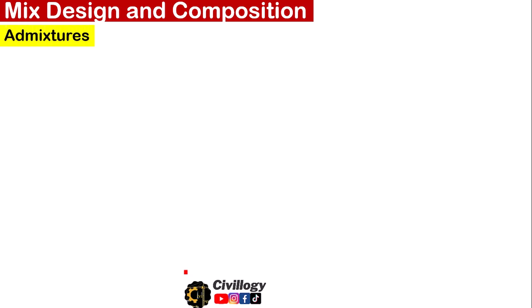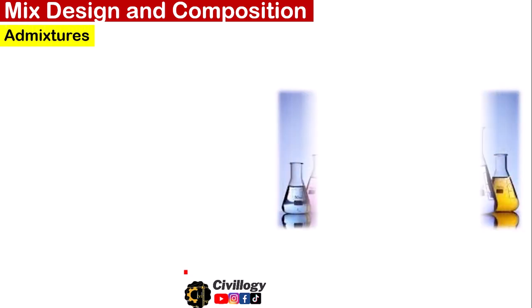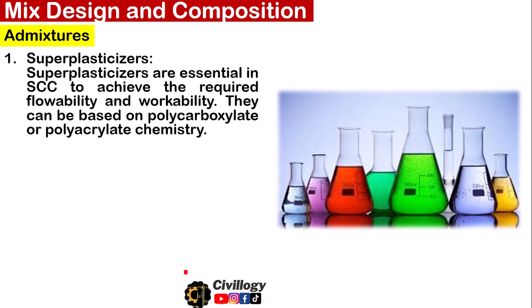The fourth component of mix design is admixtures. Superplasticizers: superplasticizers are essential in self-compacting concrete to achieve the required flowability and workability. They can be based on polycarboxylate or polyacrylate chemistry.